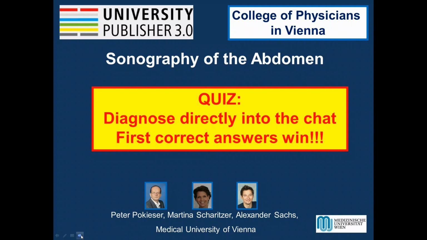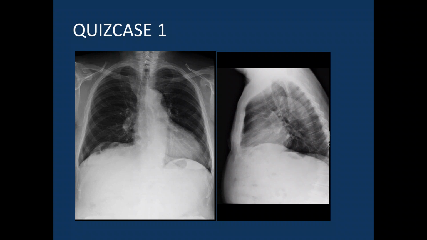The first case of our quiz is a chest X-ray, but it possibly has to do with both organs. One of them maybe we have had during this webinar. So what's abnormal in this chest imaging? We open the chat and we close the chat after a certain time, because we will solve the cases within this webinar.